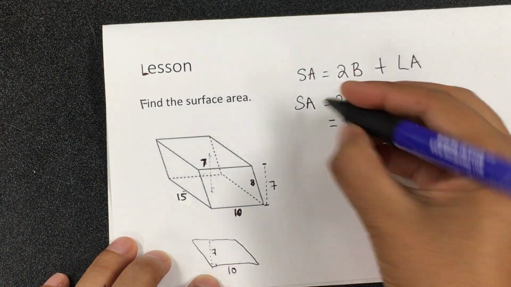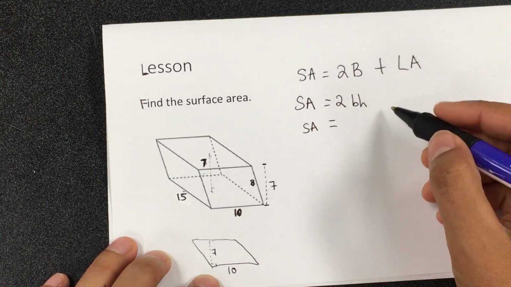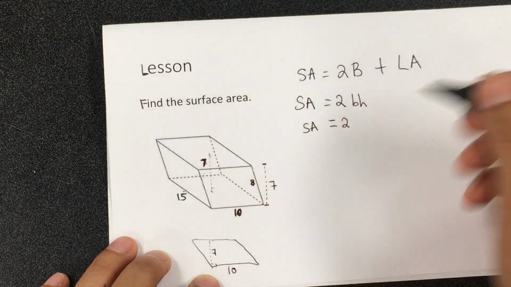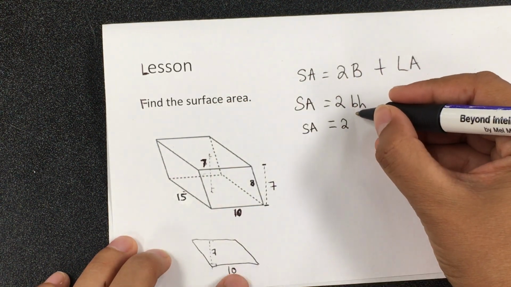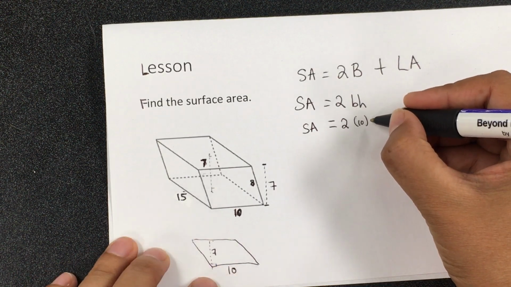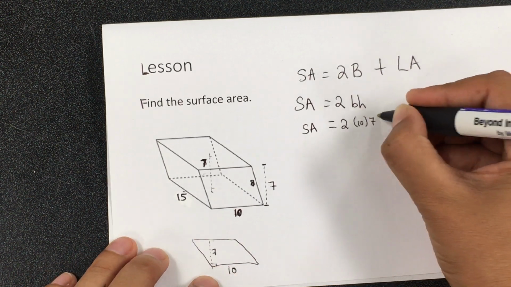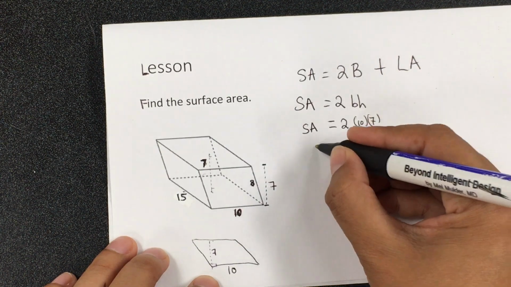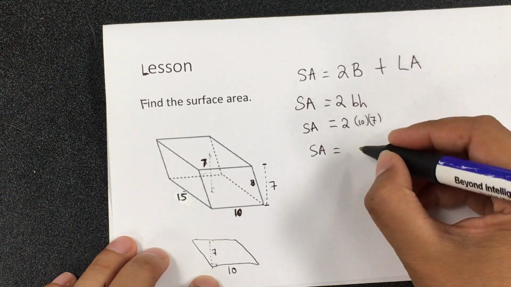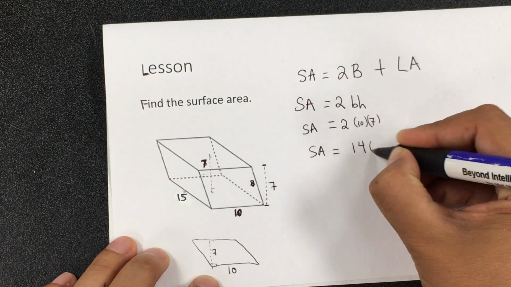Again, I'm going to simplify this part first so that we don't get confused. Two times, because we have two bases. The base is 10. The height of that parallelogram is 7, not 8. And so it's 2 times 10 is 20, times 7 is 140.